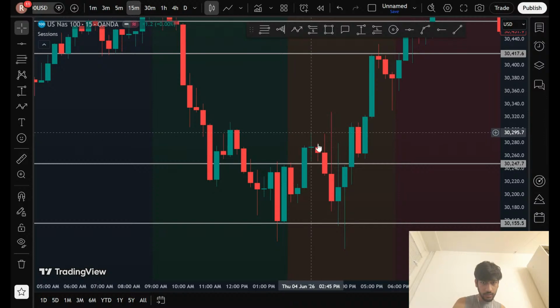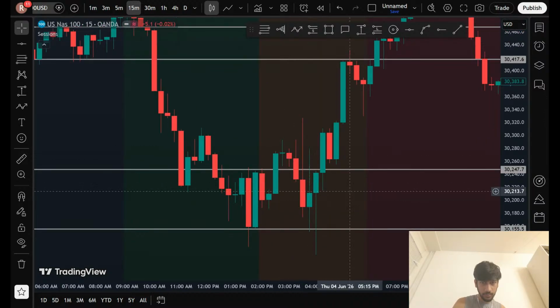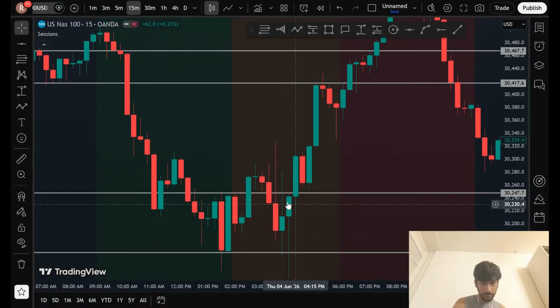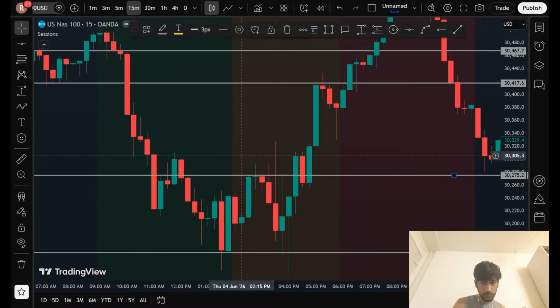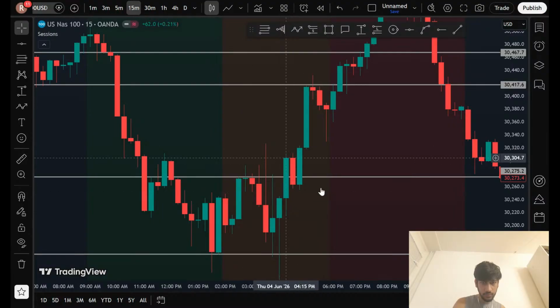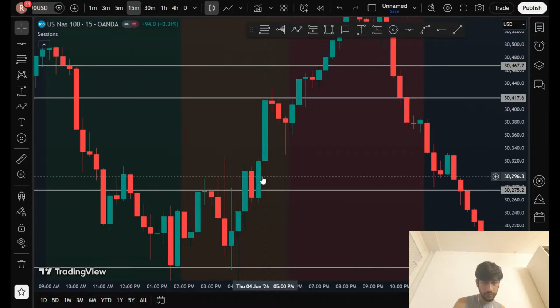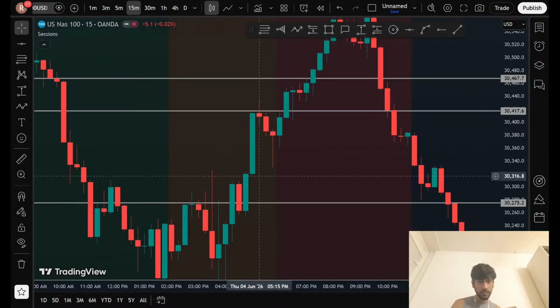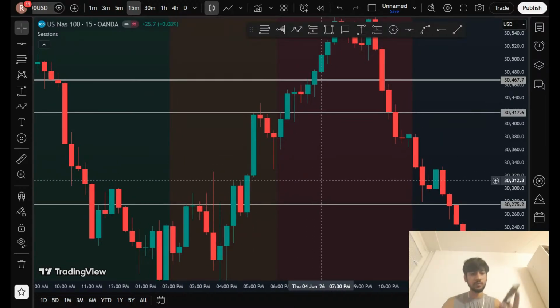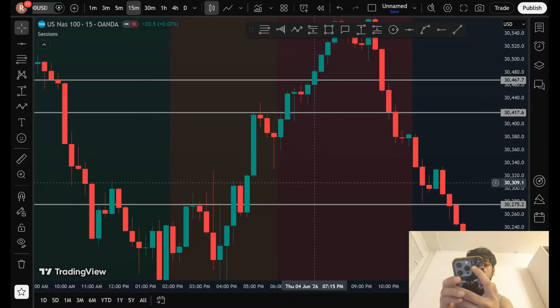I took buys over here and closed all over here. And this came down. We broke up of this. This was a good buy. Came down, took support, broke up the high, closed bullish. See, I closed at break even over here.